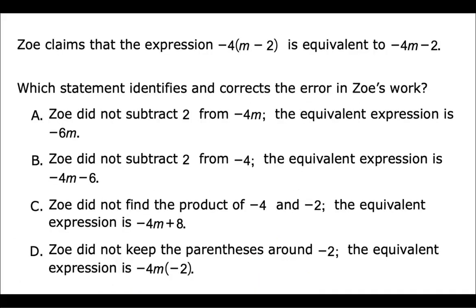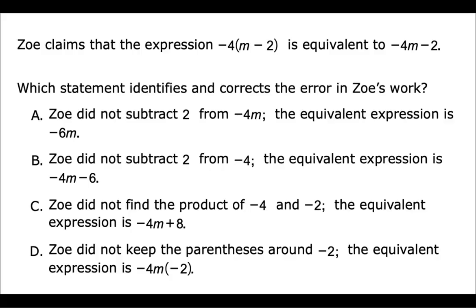And here is the final problem. Zoe claims that the expression negative 4 times, within the parentheses, m minus 2 is equivalent to the expression negative 4m minus 2.